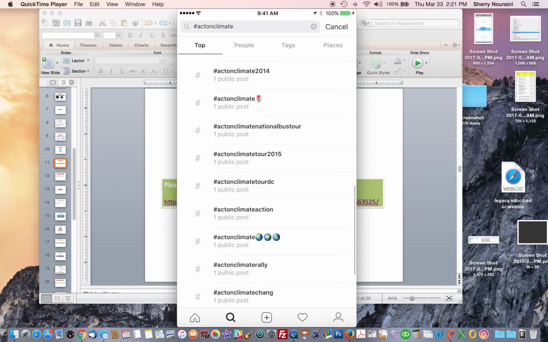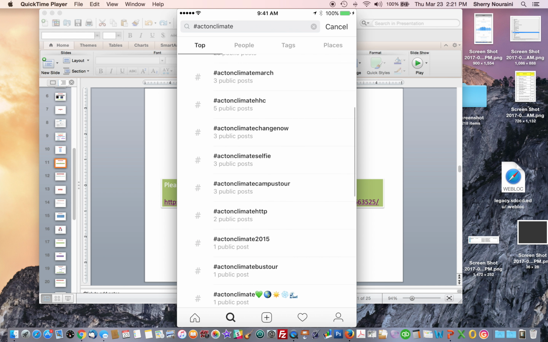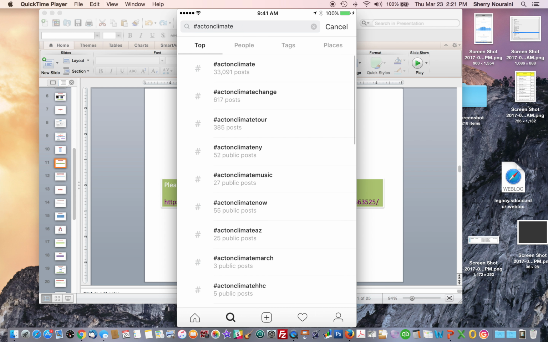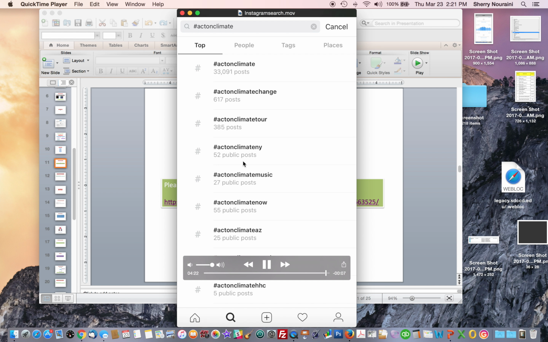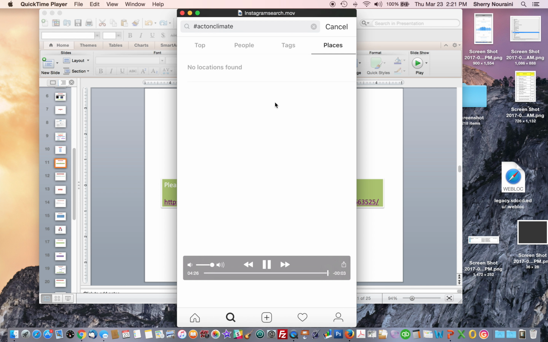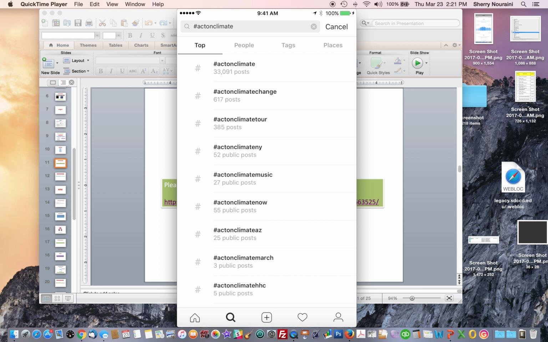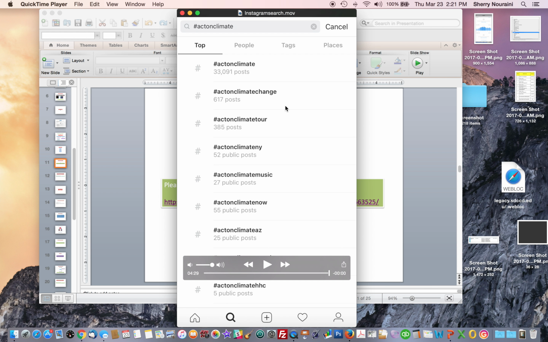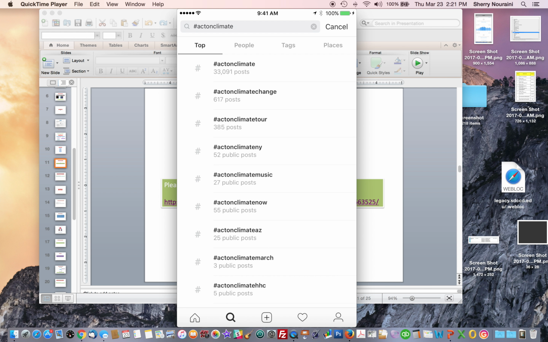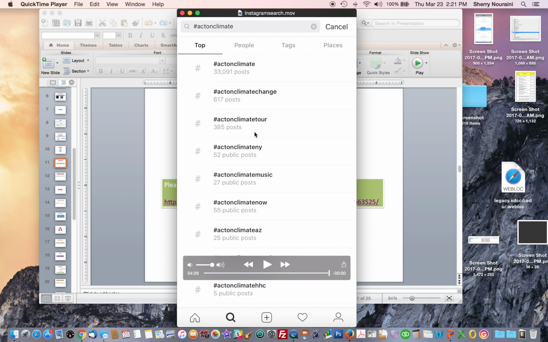Then we can also scroll down and see what other variations of Act on Climate people have used, and we can try those too. Sometimes you don't get what you want the first time, so you might want to use variations of that hashtag in order to find what you're looking for.